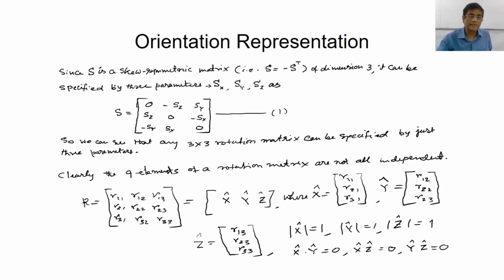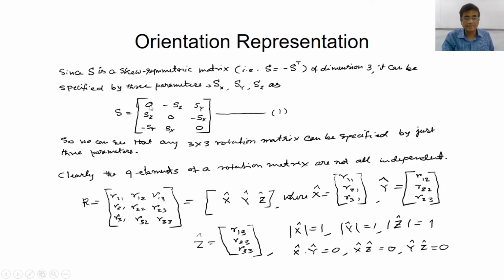Since S is a skew symmetric matrix, S will be equal to the negative of its transpose. That is the property of a skew symmetric matrix. If you know it, fine. If you do not know, you can verify it. Here our skew symmetric matrix has to be of dimension 3, because our rotation matrix is of dimension 3. So this matrix can be specified by only 3 parameters, say Sx, Sy, and Sz.